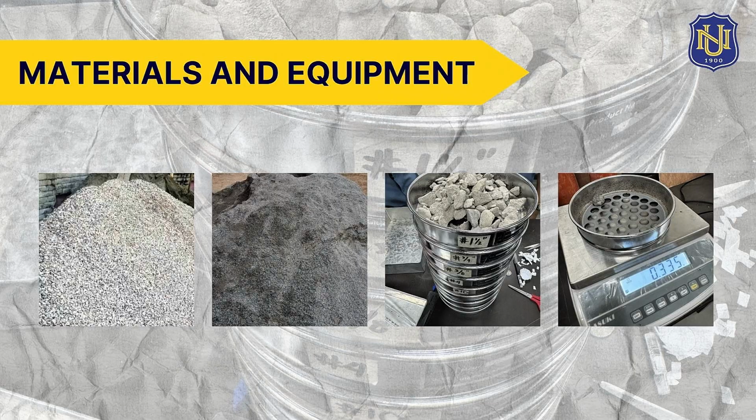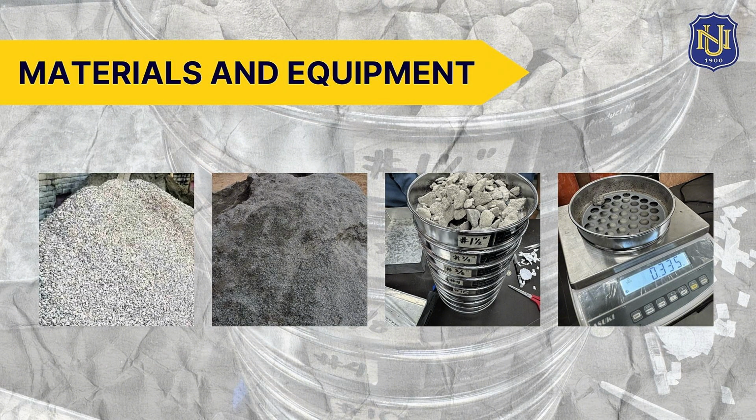The materials used in this experiment include gravel and sand as the aggregate samples. The equipment used includes sieving instruments for fine aggregates and coarse aggregates, a vibrating stand, a weighing scale, and a digital weighing scale.